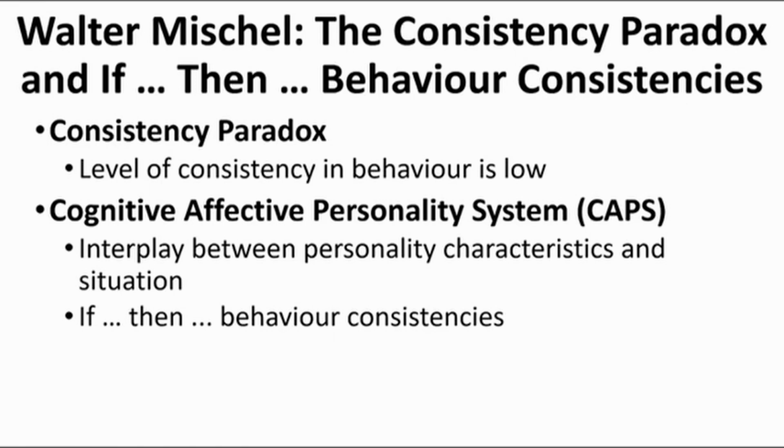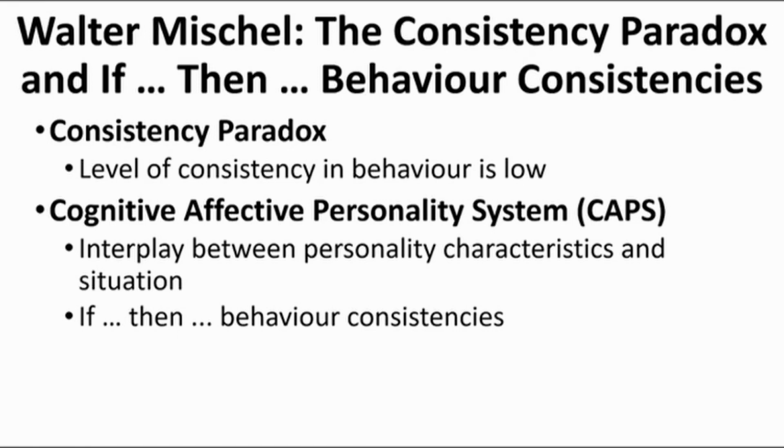So the behavior that we're observing is actually an interplay between our personality characteristics and the specific situation in which they're acting. And this way of thinking led to the development of the Cognitive Affective Personality System, shortened to CAPS.